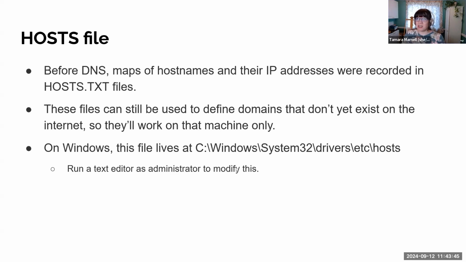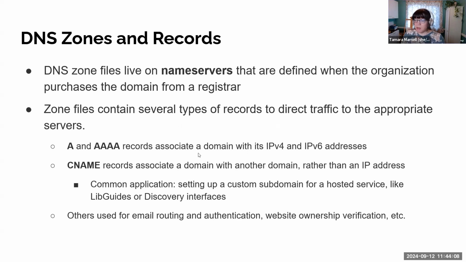I have only seen one vendor, Ex Libris, ask people to modify the host file in order to test something before they launched it. And that was when they were applying a custom domain to Primo. But it's possible that you might have to do this at some point. But you will be running into security errors. And in November, we will discuss why that is. Security certificates.